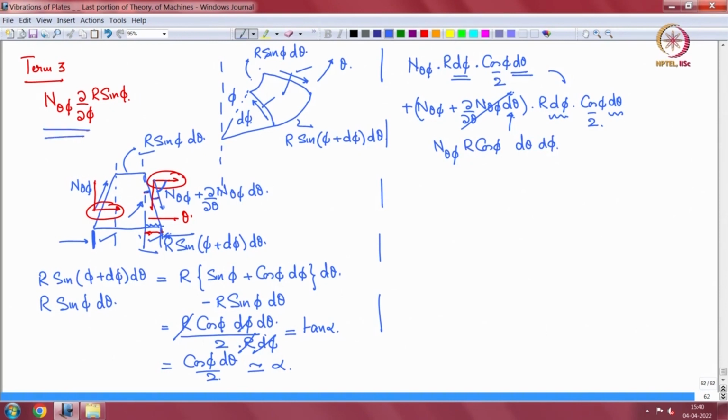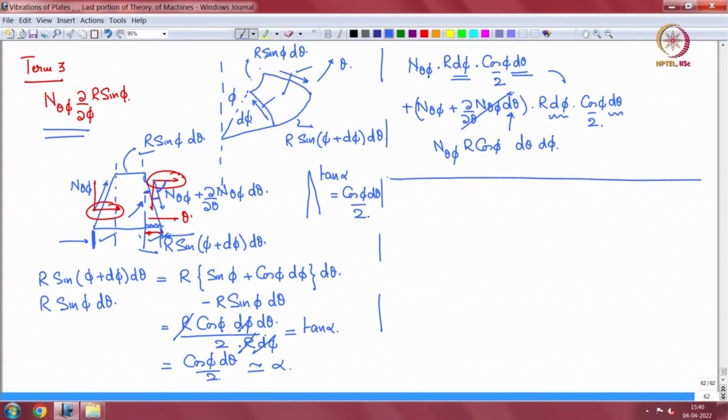Okay, but let us remember, we have to use this again, that this small angle that I have, tan alpha is equal to cos phi d theta by 2. We will need it. That is term 3.